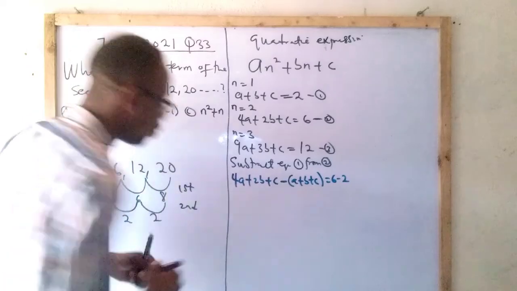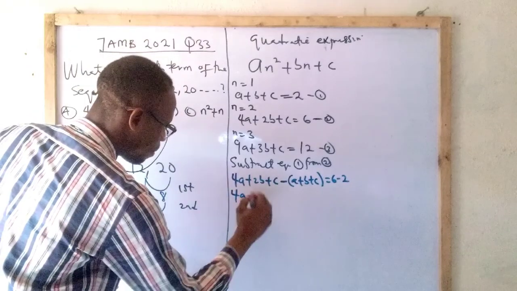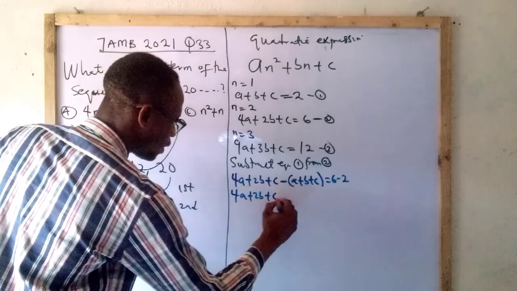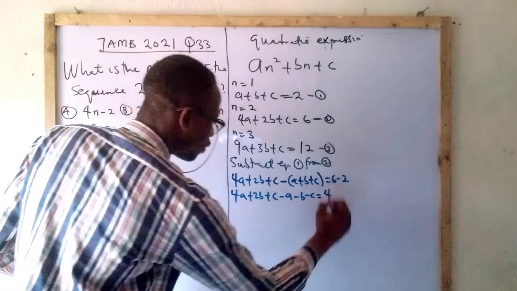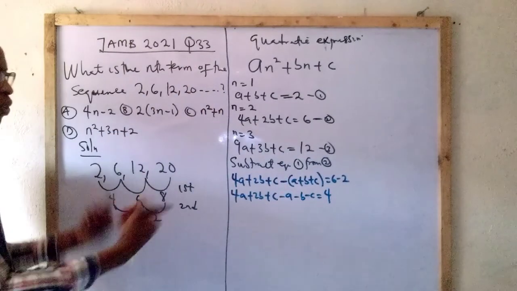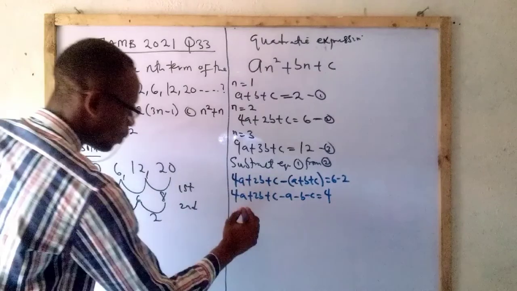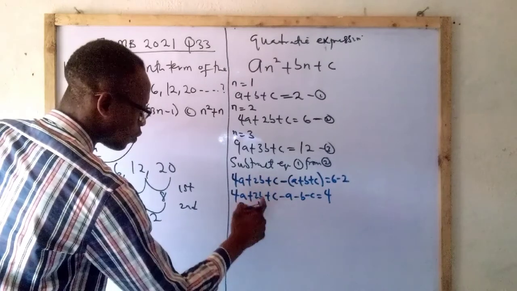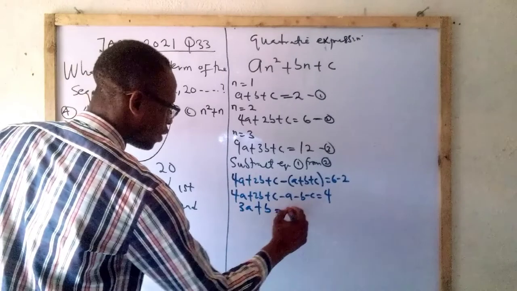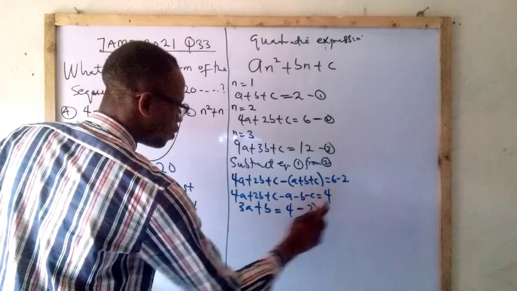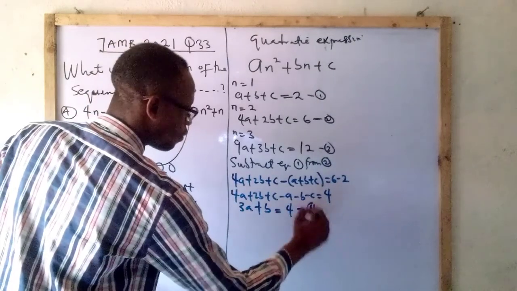So we have 4a plus 2b plus c minus a minus b minus c equals 4. If you collect like terms, 4a minus a will give 3a, plus 2b minus b will give b, then c minus c is 0. Then everything is equal to 4. Let me call this equation 4.